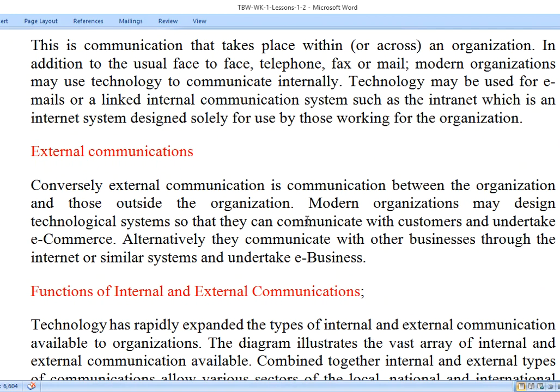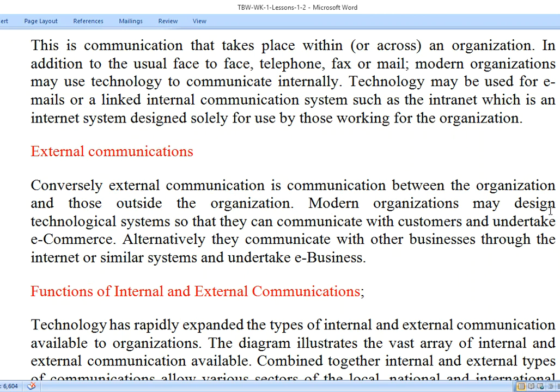And among communication types, there is external communication and the other remaining types. External communication is when an organization wants to communicate to stakeholders outside the organization. For example, media cells are made to communicate for the organization, and that is called external communication. It is between the organization and those outside the organization.